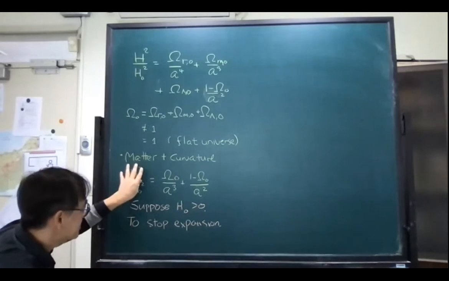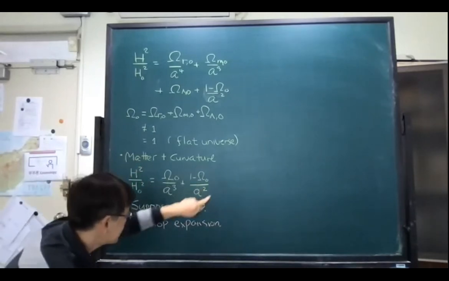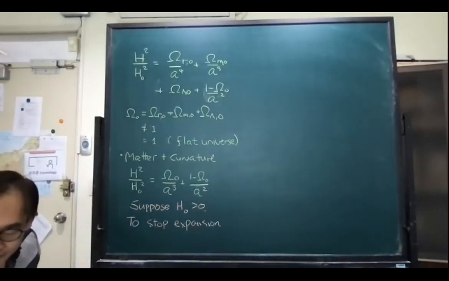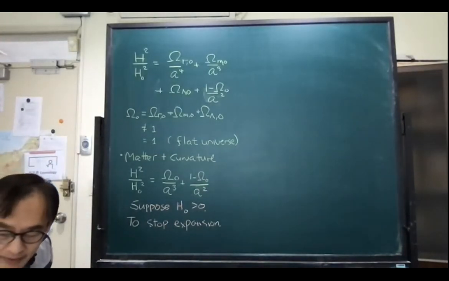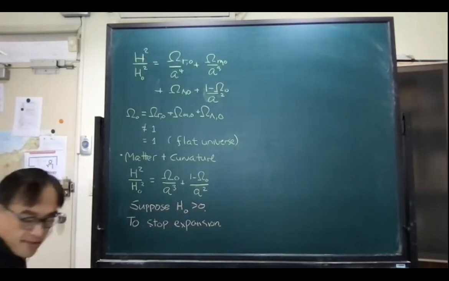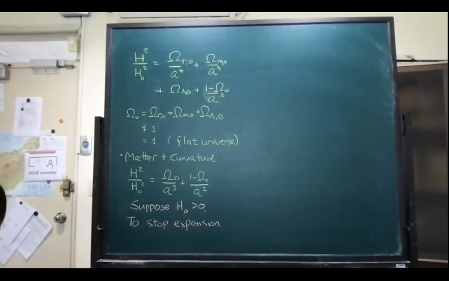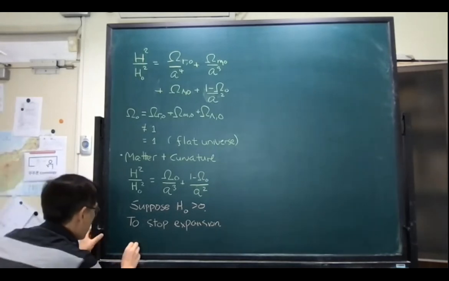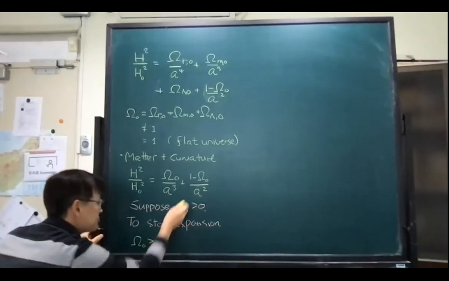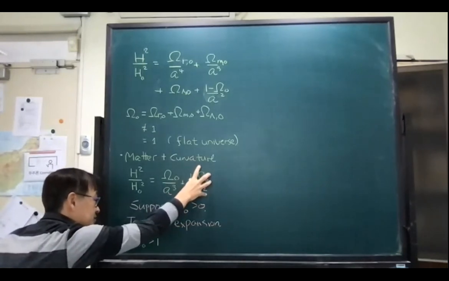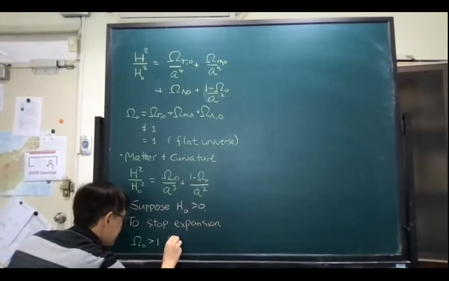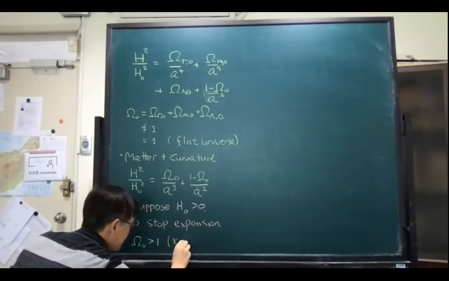To have this term be 0, this second term should cancel with the first term. So first of all, omega 0 should be greater than 1 for this term to be negative. What that means is this is a positively curved space.